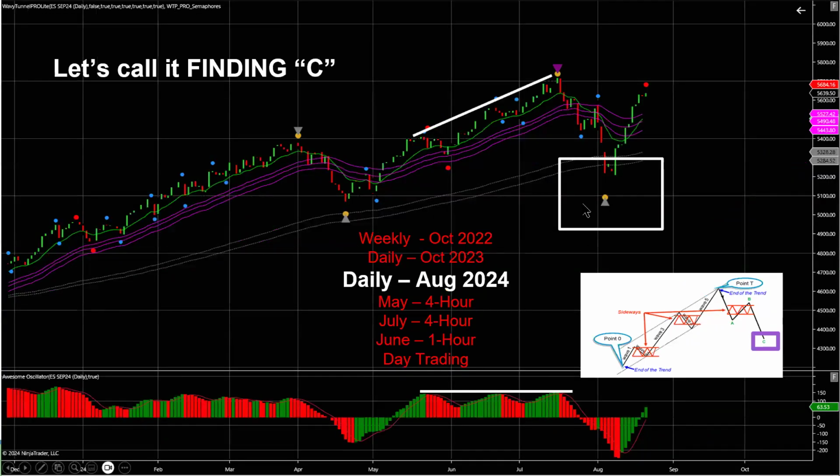And then looking at August 2024, this is the daily chart. We got another one of these three-wave moves down into the tunnel. So what I like to do is look for these deep corrections, and then I would maybe take a position going the other way.